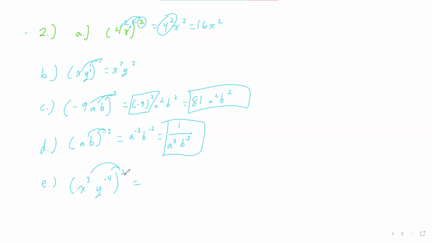A power to a power, we want to multiply. So 3 times 2. And then it'd be y to the negative 8. Is that the correct answer? What do I still have to do? So what's on top? Would I move both? This one I had to move both of them because they were both negative. But this one, which is the only one that would move?